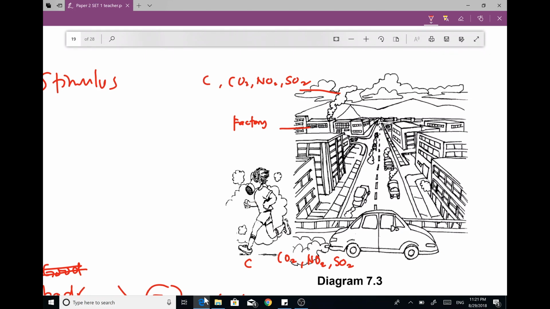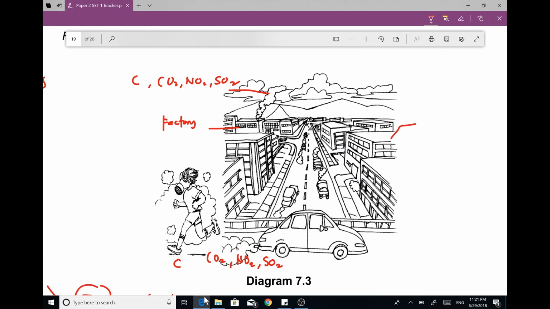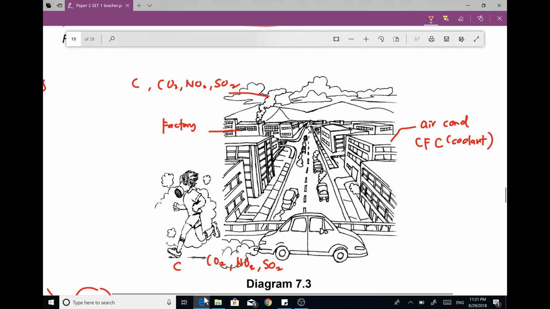Now we see a lot of buildings with glass. We guess most likely they are using aircon, and aircon, as we know, some of them use CFC as the coolant. Okay, I guess these are the pollutants that might lead to air pollution.